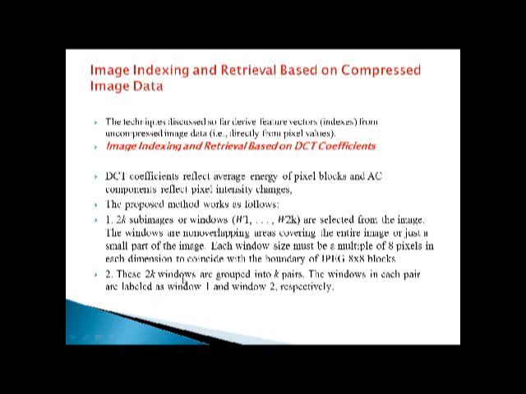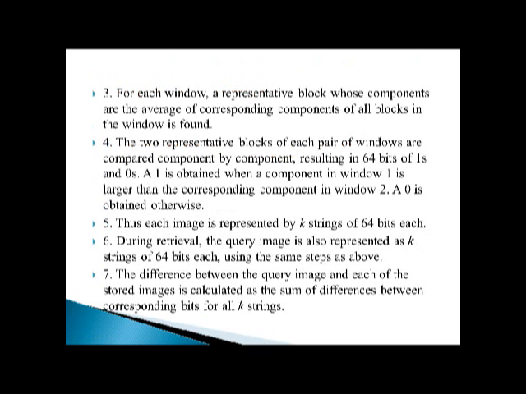So these 2K windows are grouped into a number of tabs, like different point perspectives with different perspective blocks, with 2 representative blocks, with different strings, K strings of values, each string which can hold up to 4 bits of value. So when we retrieve the information, the query that we make can also be represented in the form of K number of strings. So you can have the difference between the query image.